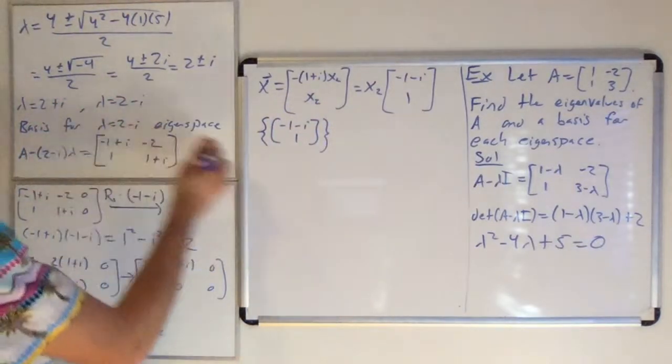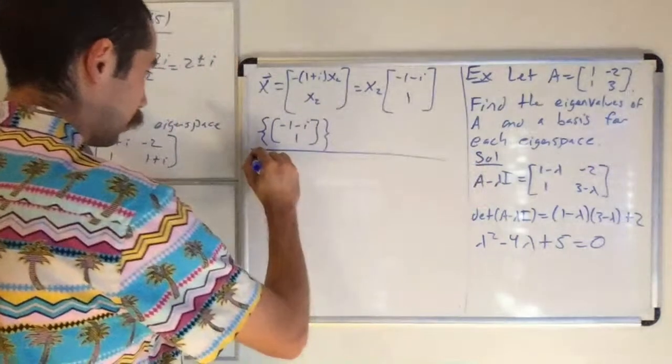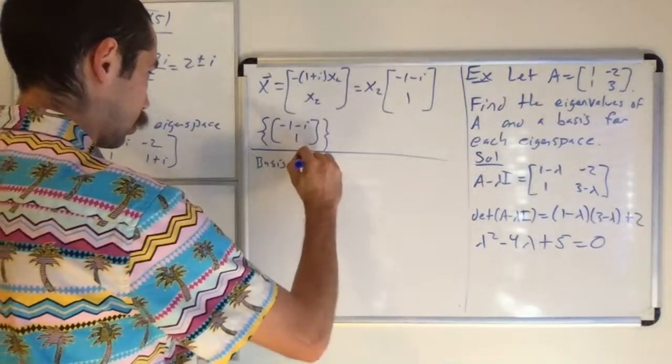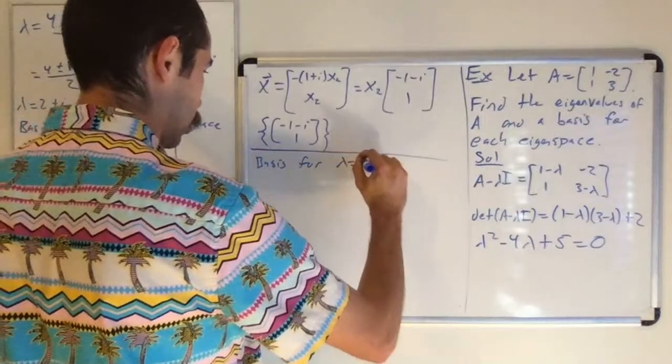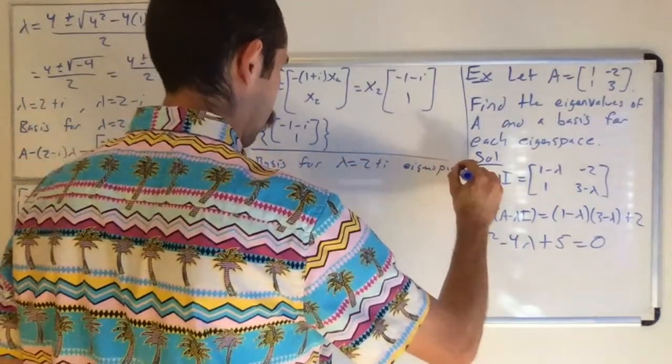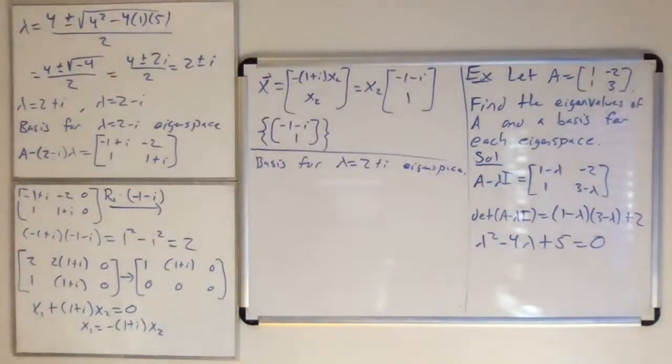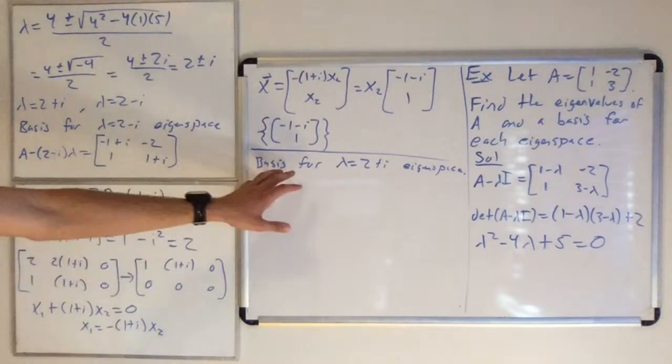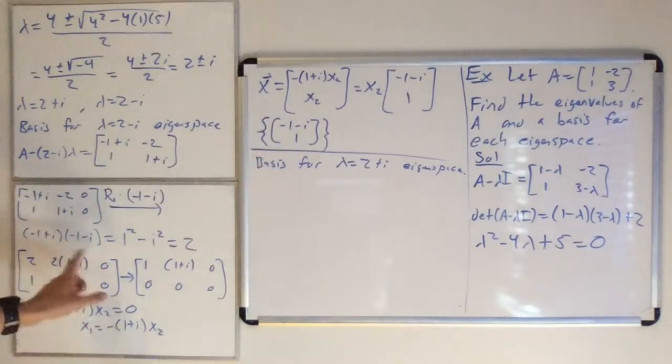Okay, so now we'll repeat this with basis for lambda equals 2 plus i eigenspace. All right, so I'll give you a minute to try to work this out or get started at least. But please ask any questions you have.